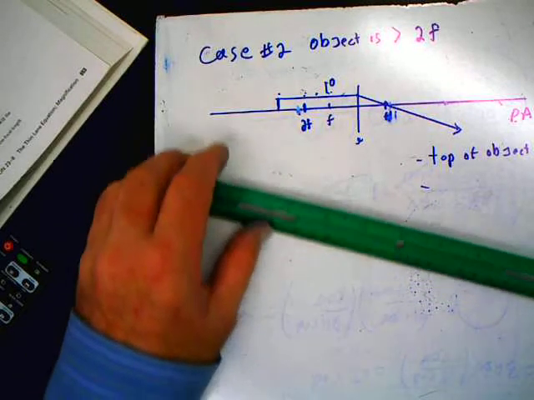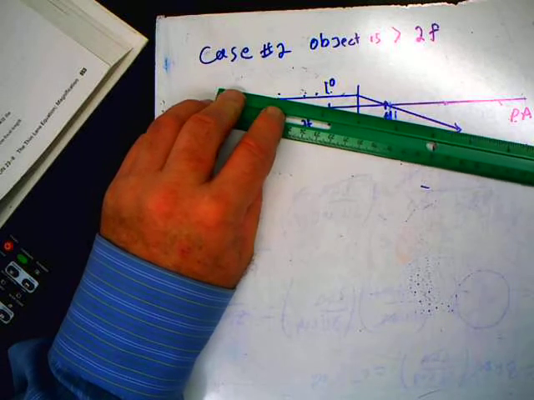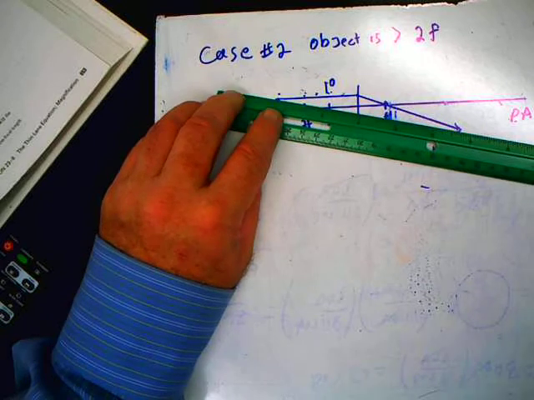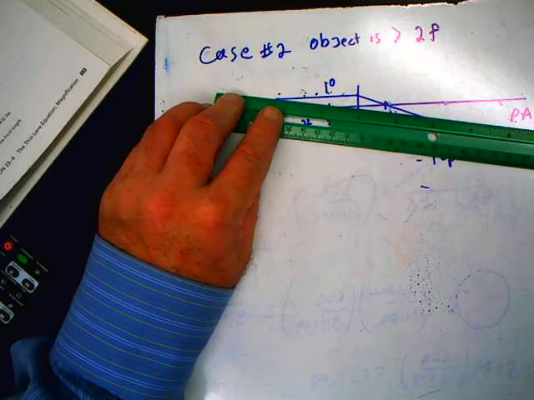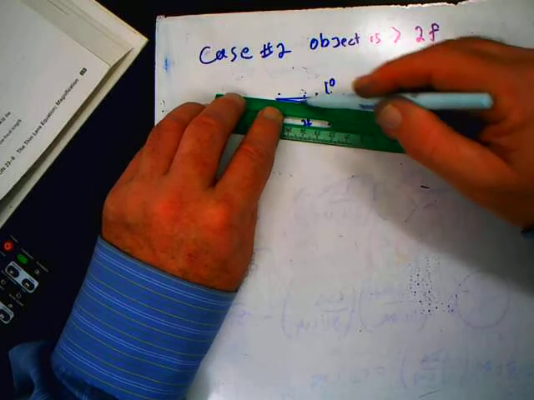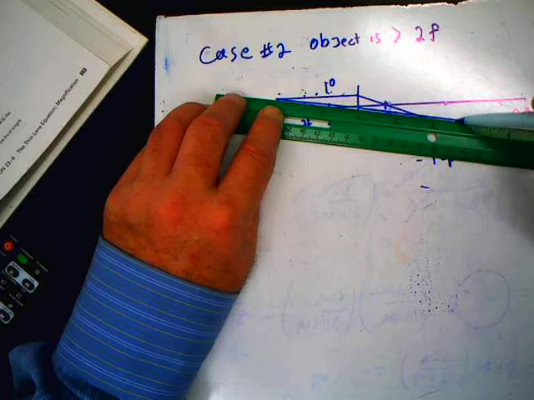The secondary ray goes from the top of the object right through the center where the principal axis and the lens meet, and then it goes on.